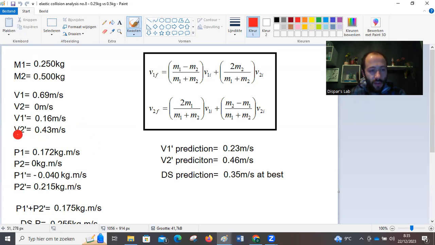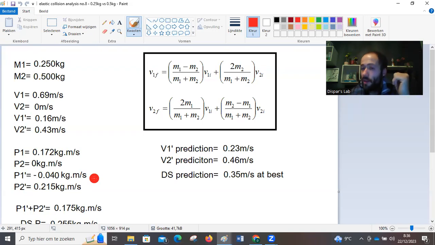After collision, the two mass has a momentum of 0.43 times 0.500 kilograms, which is 0.215 kilograms times meters per second. And the reflection of the one mass is 0.16 times 0.250, which is 0.040 kilograms times meters per second. All right, so one mass went in the opposite direction after collision.